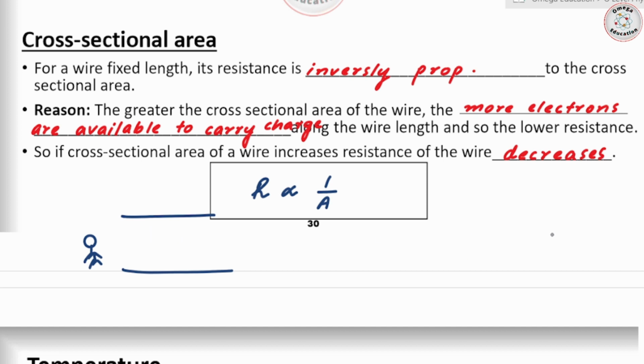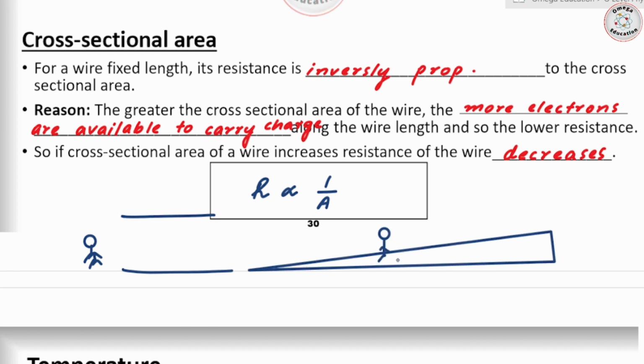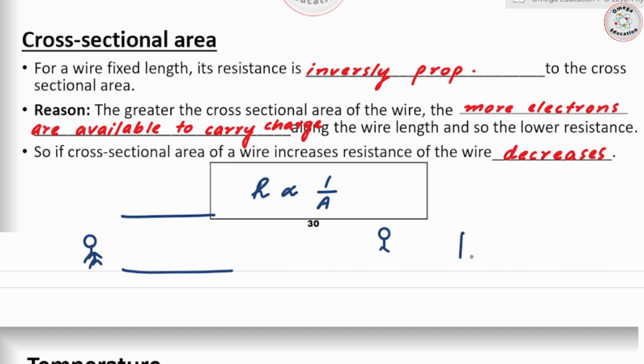If you have to go from a narrow path, a less wide road, let's say from a very narrow road, there'll be a lot of obstacles, there'll be a lot of resistance because you'll be bumping into pretty much everything because there's a lack of room. So this is the analogy that you can keep in your mind, just to memorize the relation between cross-sectional area and the resistance.